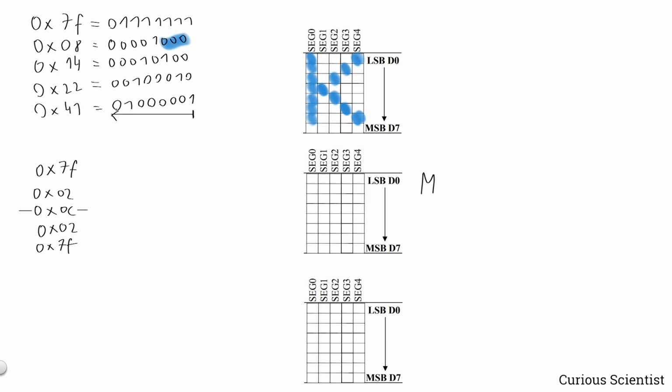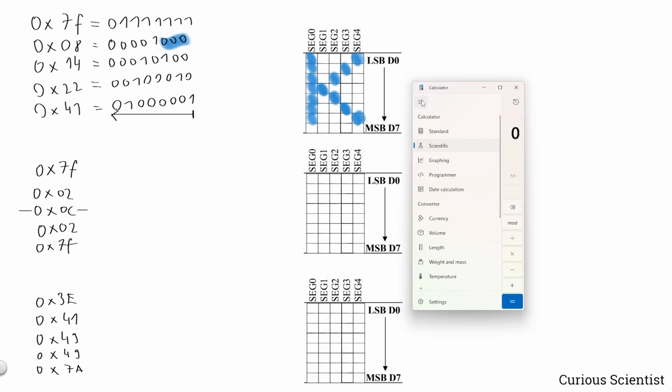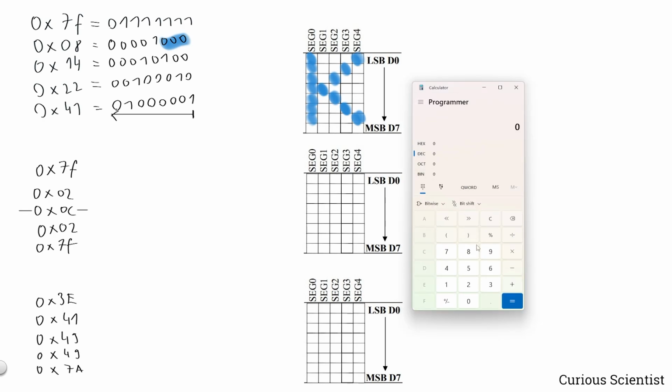And then another, let's say, more difficult letter, let's make this the G, capital G, and that is 0x3e. And actually how we can know these binary values is that either you Google them, or you take your calculator, change to programmer mode, and then you select hex mode, and you just simply type in the values.